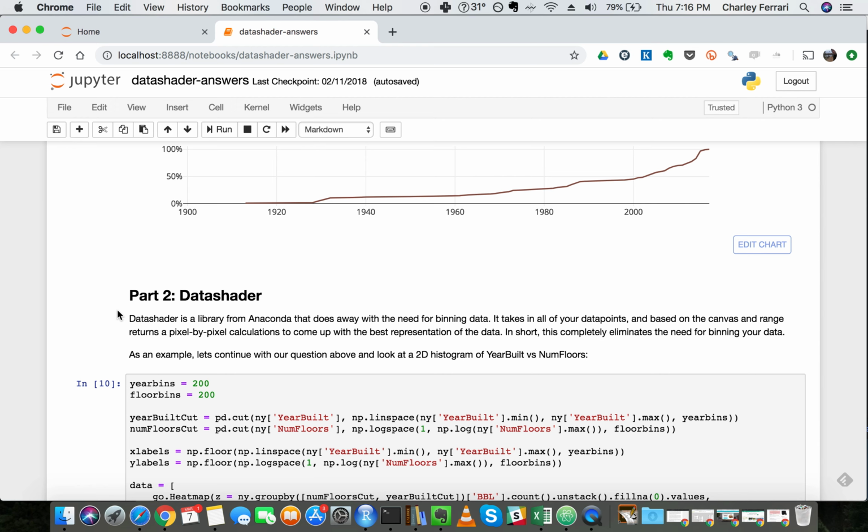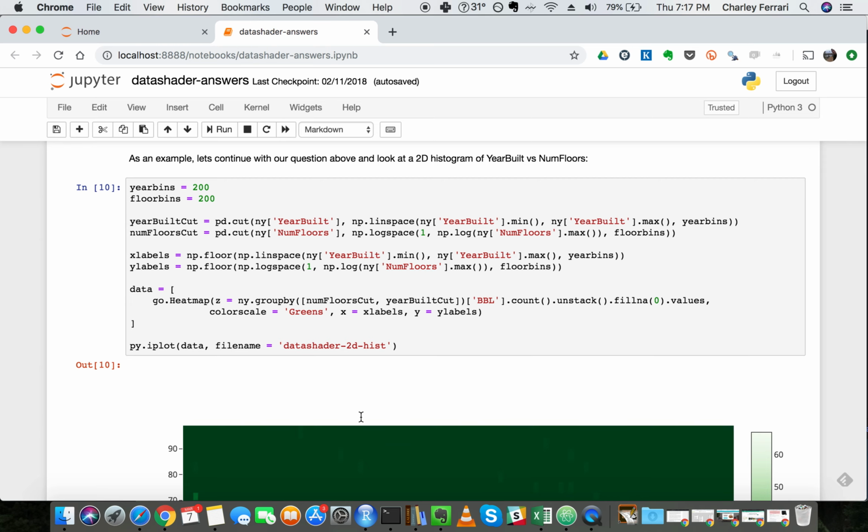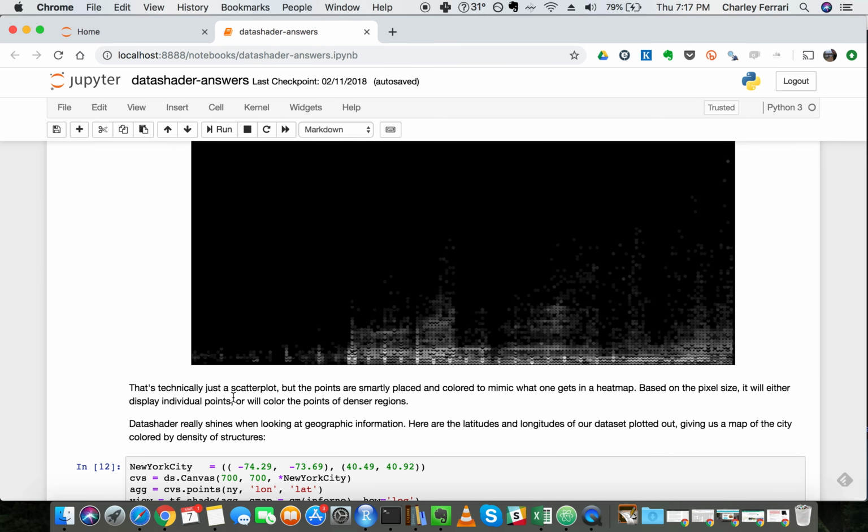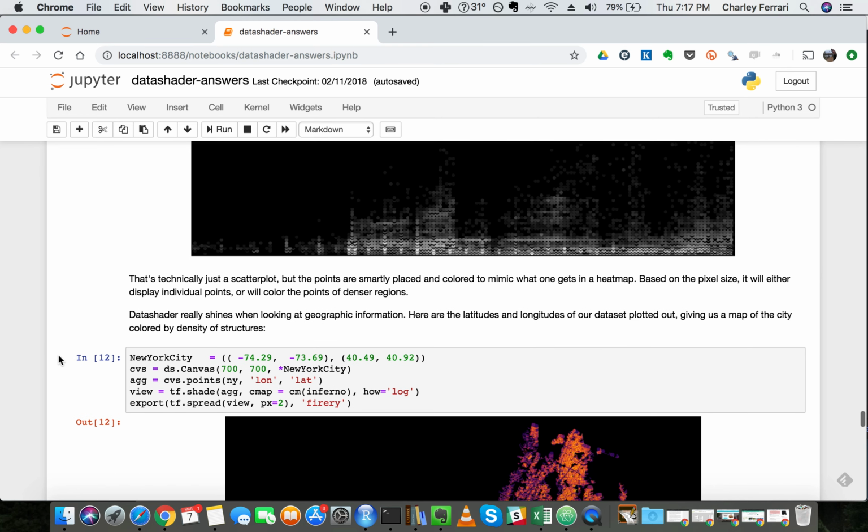I just wanted to make sure everyone was exposed to something like this, because this is a pretty innovative way to look at large data sets. I think it'll only gain in popularity more, and hopefully this serves as a nice introduction for it.